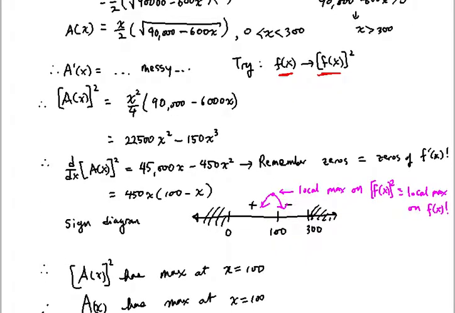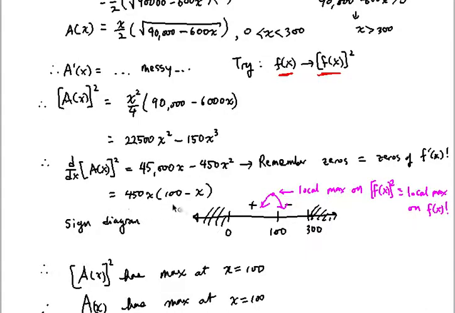So I can derive that, and I end up with 45,000x minus 450x squared. I need to find the zeros of this. I can factor that, and I end up with 450x times the quantity 100 minus x.